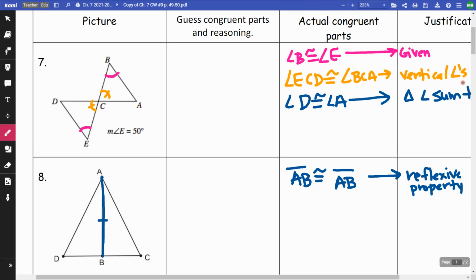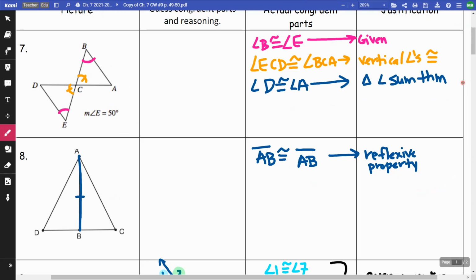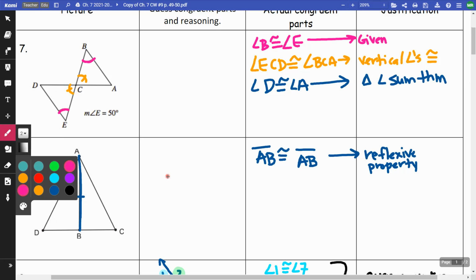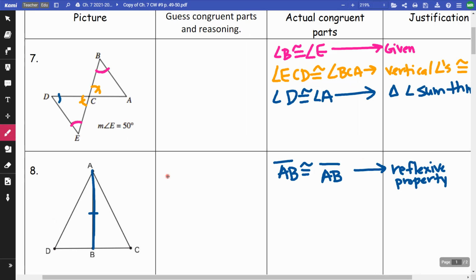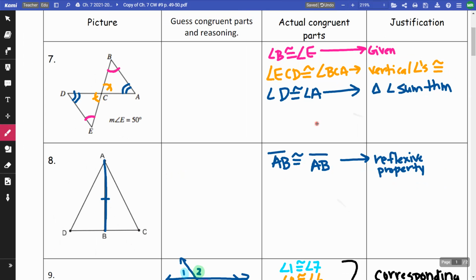Now, this is the only thing that I can tell from the picture, but in a triangle, if two angles are congruent, the third one has to also be congruent because the angles in a triangle always add up to 180 degrees. So I do know in this situation that this angle here and this angle here, angle D and angle A, are going to be congruent.